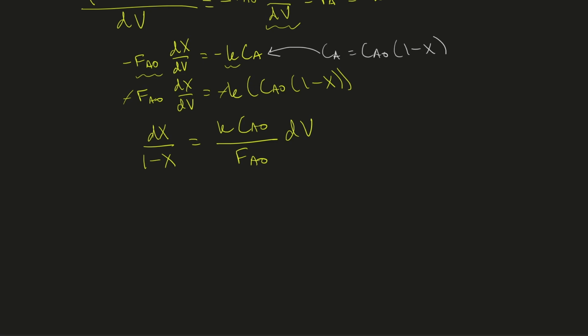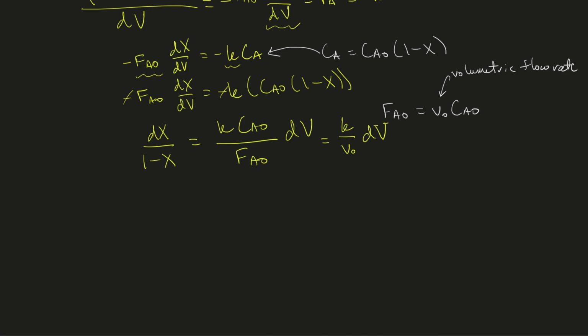We can simplify the right-hand side of the equation a little bit by noting the relationship between FA0 and CA0, so FA0 is equal to little v0, this is our volumetric flow rate, times our CA0. If we substitute in, we can cancel out these CA0s eventually, and we get K over our little v0, this is not our big V, times our change in volume.